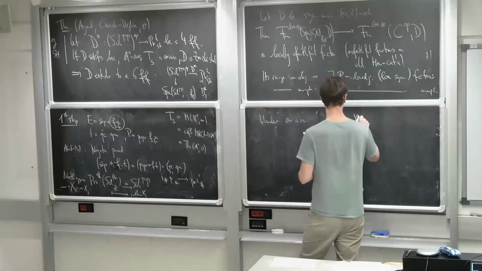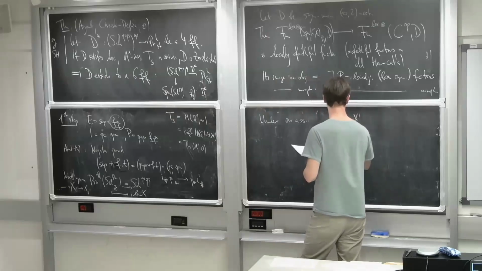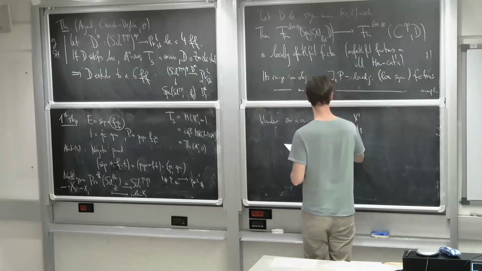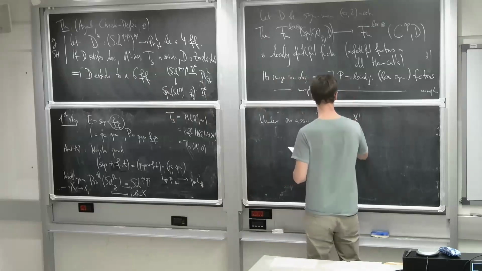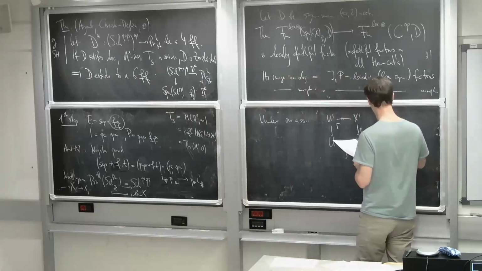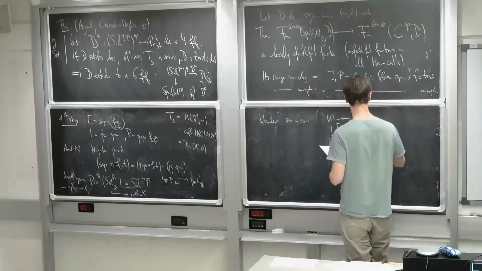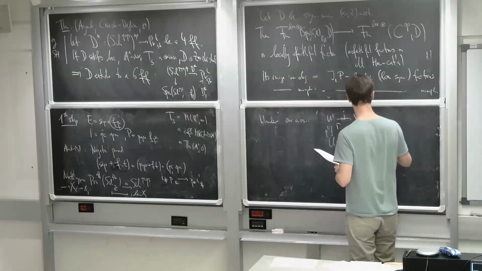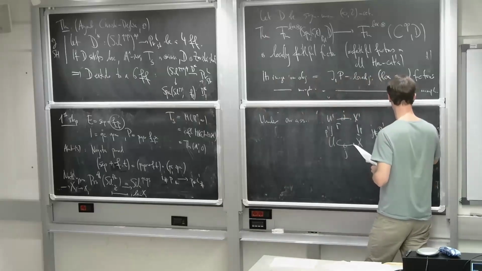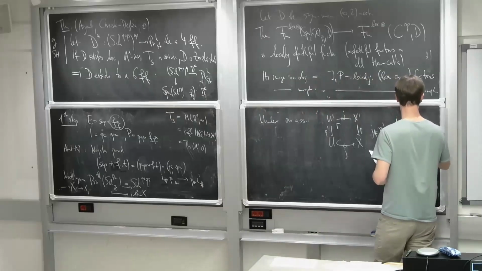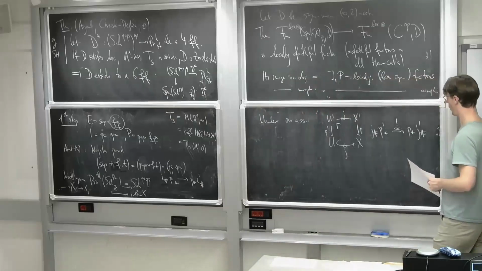If you have X prime to X, and here you have U, so let's say j, p, and U prime. If you have such a Cartesian square here, then I claim that j sharp p prime O star is in fact isomorphic to the other way around. Why?